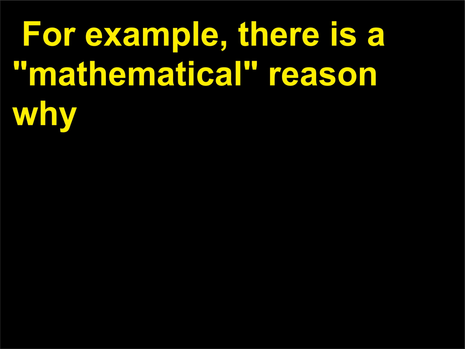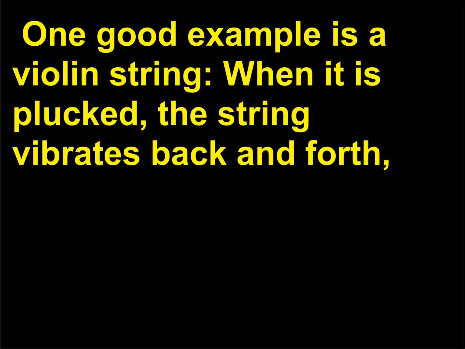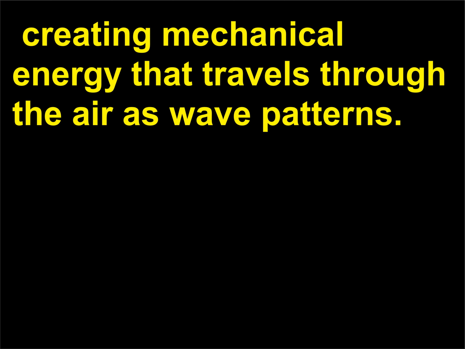For example, there is a mathematical reason why certain note combinations sound harmonious to most people. One good example is a violin string. When it is plucked, the string vibrates back and forth, creating mechanical energy that travels through the air as wave patterns.